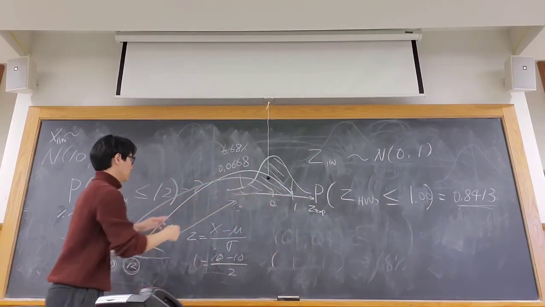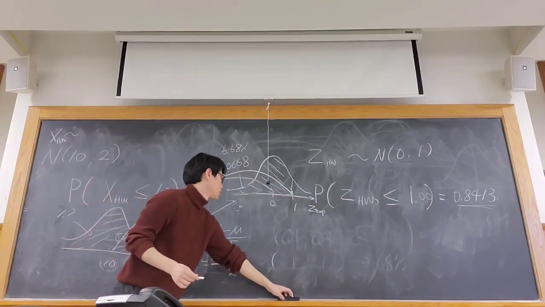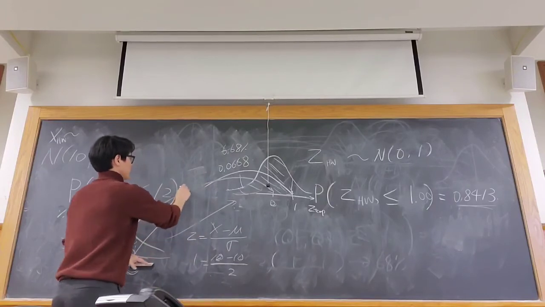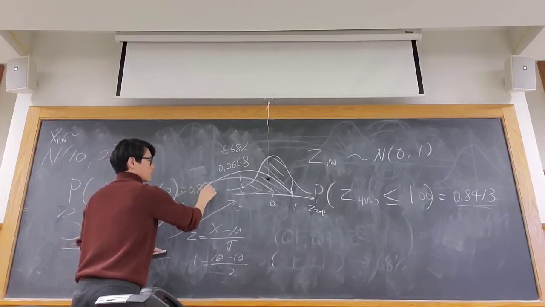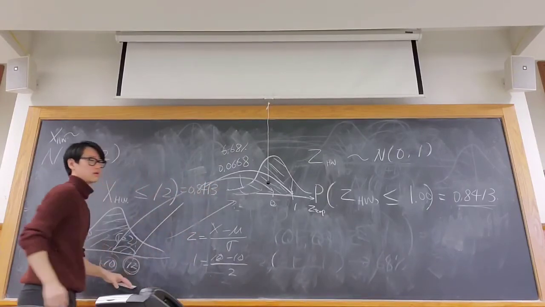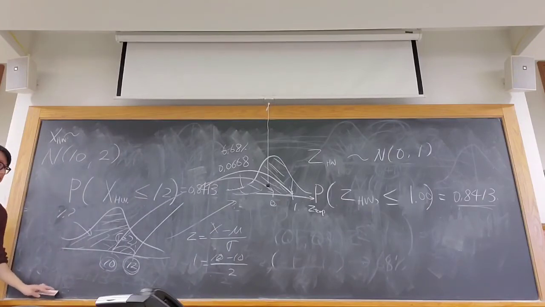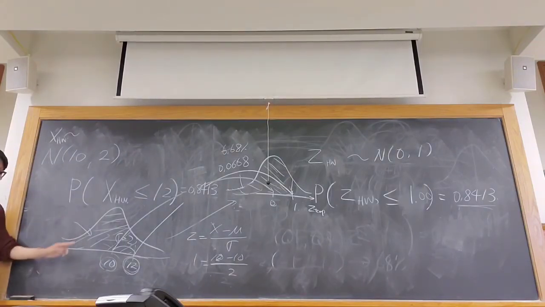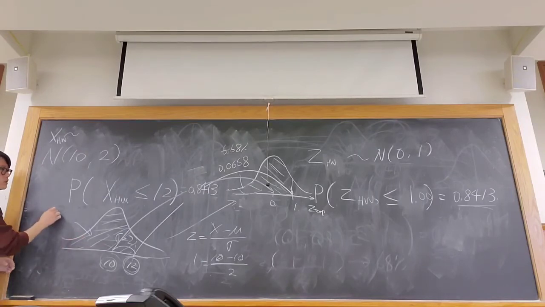So I can put the same number here, 0.8413. Okay? Which means now we know that this corresponds to around 84%. Does it make sense?